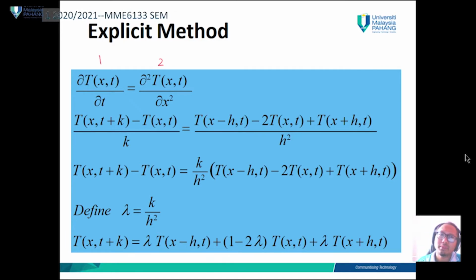Using the explicit method, the heat conduction equation requires an approximation for the second derivative in space and the first derivative in time.